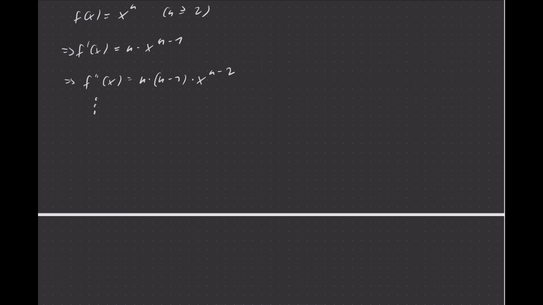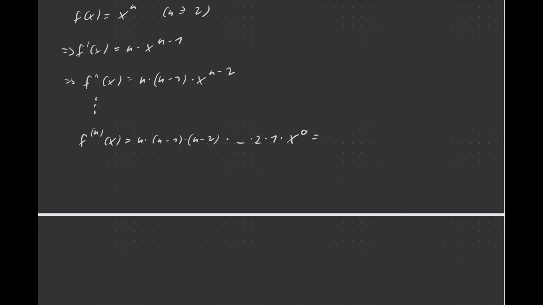And this continues up to the point where the exponent has been used up, so to say. So this happens at the nth order derivative here. What we get there is, well, we have n times n minus 1. The third order derivative will then add an n minus 2, and so on. So adding all these factors until we finally get to 2 and 1. And then we have x to the power of 0, which is 1.